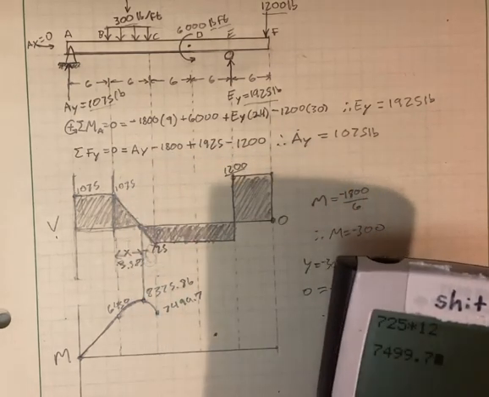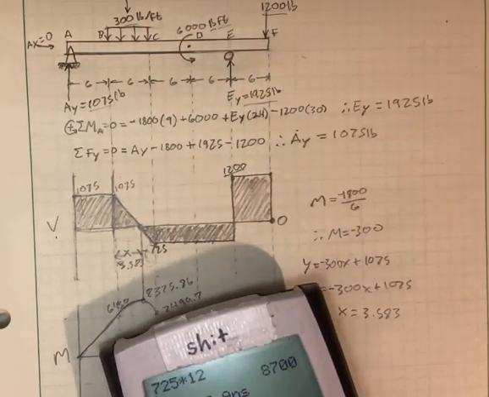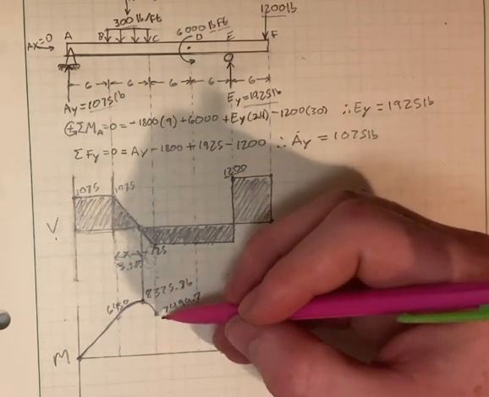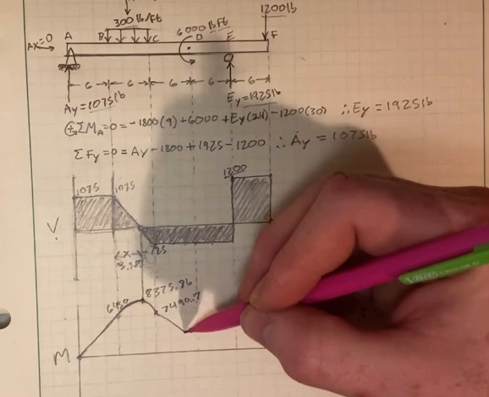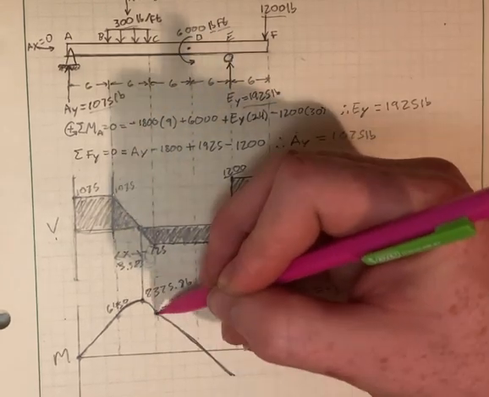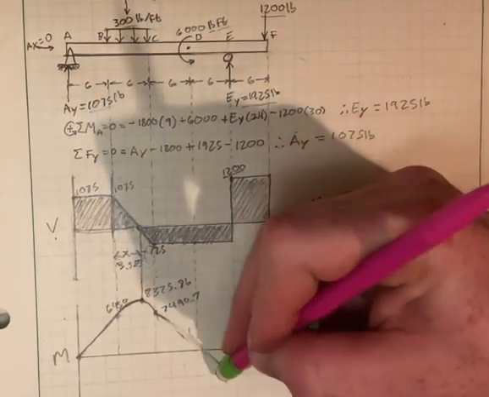7499.7 minus the amount of this area, which was 8,700, puts us down at, over this whole distance, going to dip beneath the x-axis, and that's a straight negative line there. Sorry if it wasn't very straight.